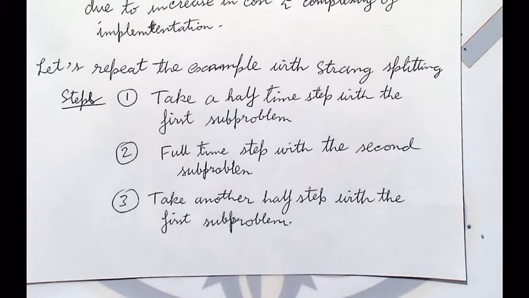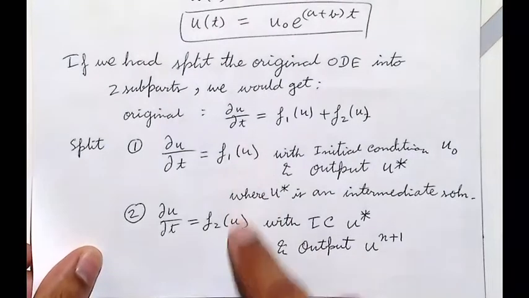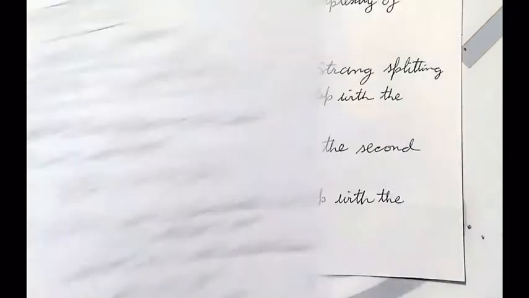Yeah, but the error doesn't change if we start with diffusion or advection because one of them is linear. The error changes exactly because advection is non-linear. If both operators were linear, it would not matter. Same as here. In our very nice linear example, it doesn't matter whether you start with f1 or f2.